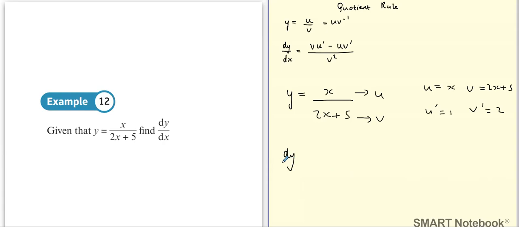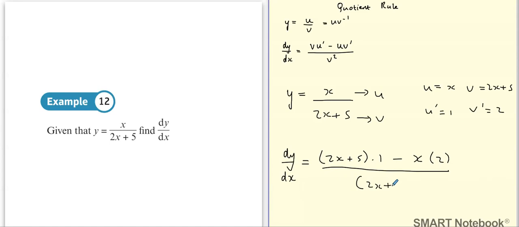So dy by dx, it has to be in that order. You can't change that order, especially in the numerator. v times by u dash. So 2x plus 5 times by 1 minus u times by v dash all over v squared, which is 2x plus 5 squared.